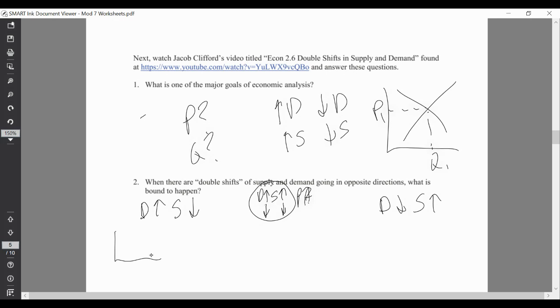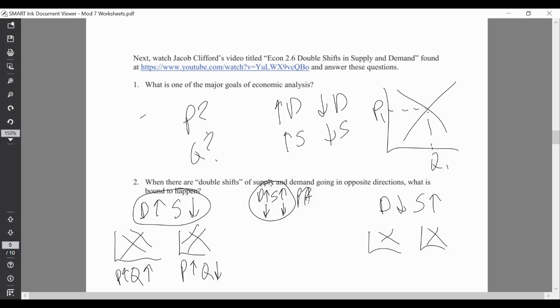So let's show right here. I'm going to show demand increases. What do we see when demand increases? Price goes up, quantity goes up. When supply decreases, we see price goes up, quantity decreases. So in this example, price is going to go up and quantity is ambiguous.